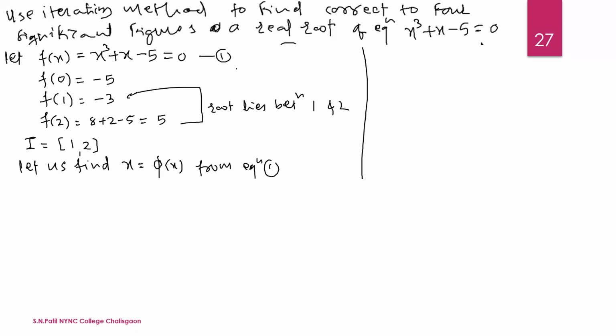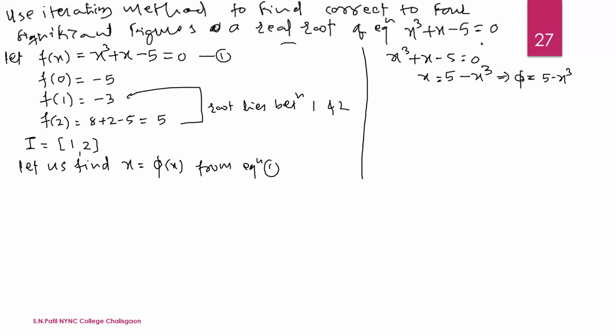We can write from equation 1, we have the equation x cube plus x minus 5 is equal to 0. x is equal to, putting minus 5 on the right hand side and minus x raised to 3, so here we get x is equal to 5 minus x raised to 3.